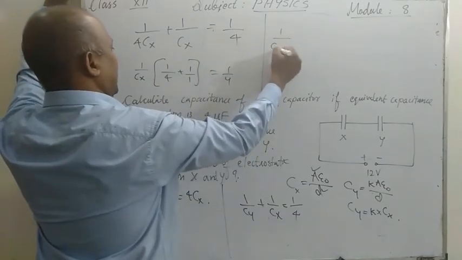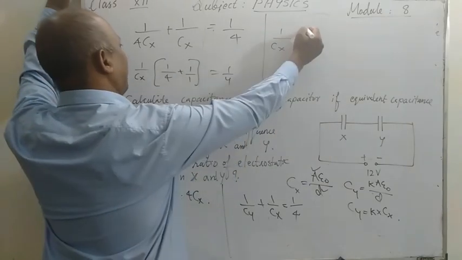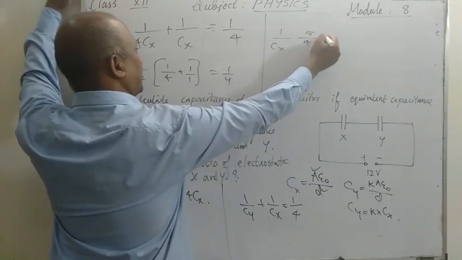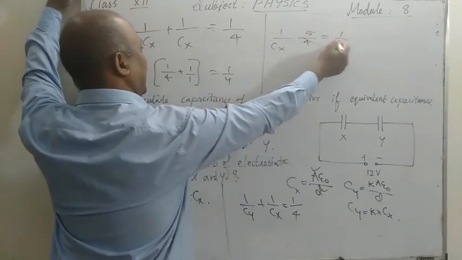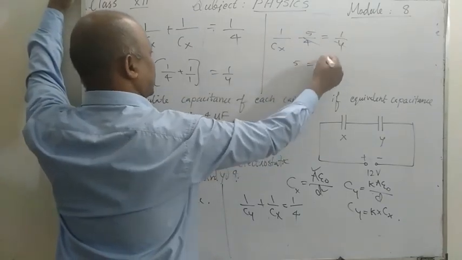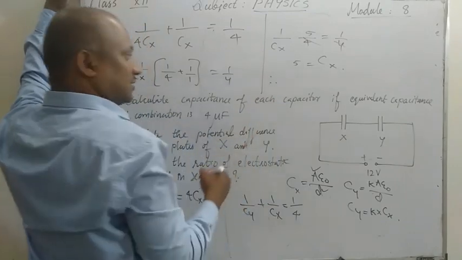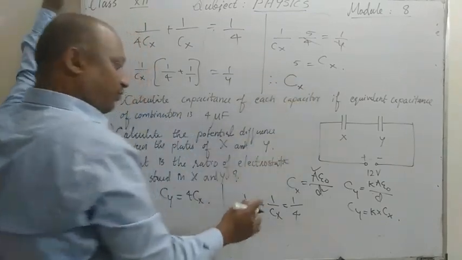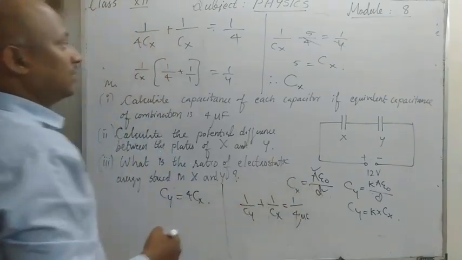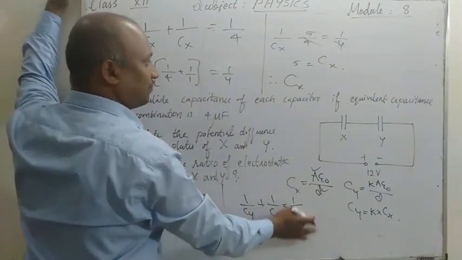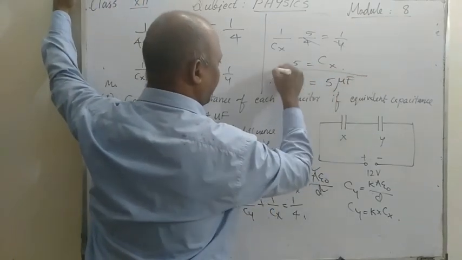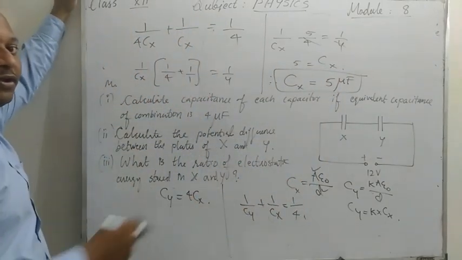Then 1 upon 4 plus 1 is 1 plus 4 upon 4, which is 5 upon 4, equal to 1 upon 4, the 4s cancel. So cross multiplication gives Cx equal to 5. It is actually 5 microfarad, because every unit here is microfarad and we did only the numerical value, not the unit.